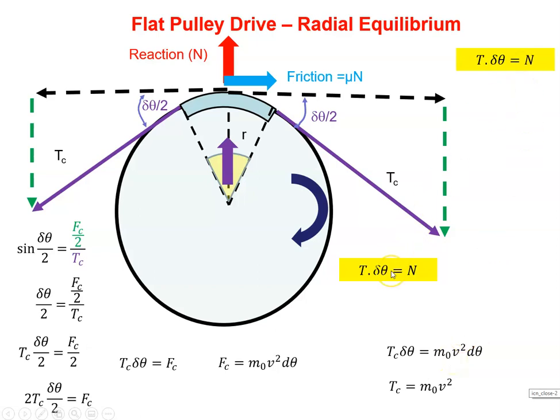Okay, I'm bringing this down. I have an equation for what n is. So T times d theta was equal to n. Well, that was this old force, but I now have to allow for my centrifugal force. So it's now n plus this centrifugal component here. So my T times d theta is equal to n plus, instead of centrifugal force, Tc times d theta.